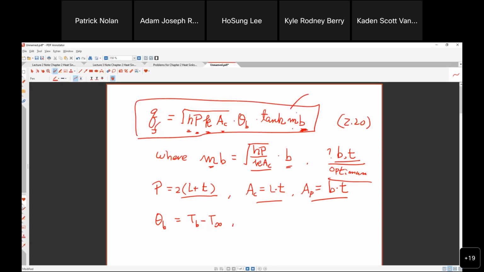There is some assumption in hyperbolic tangent mb. What assumption? Anyone remember? Come on. Is it the constant volume? No. Somebody else.